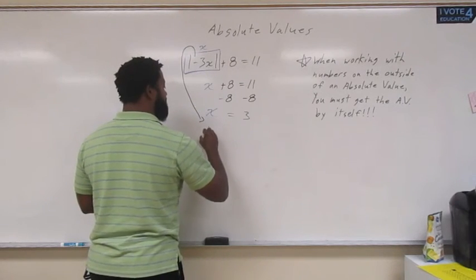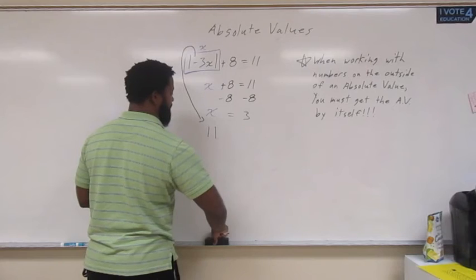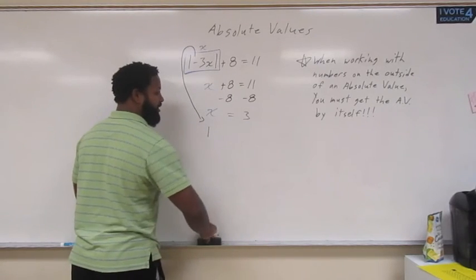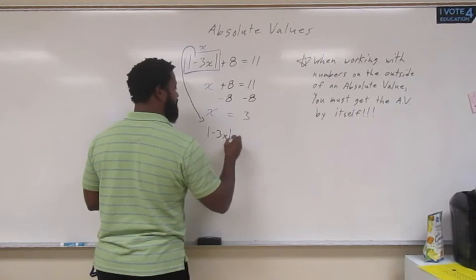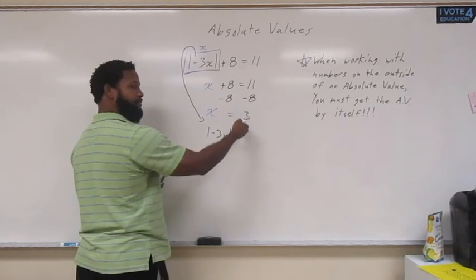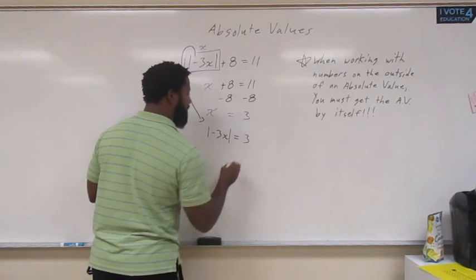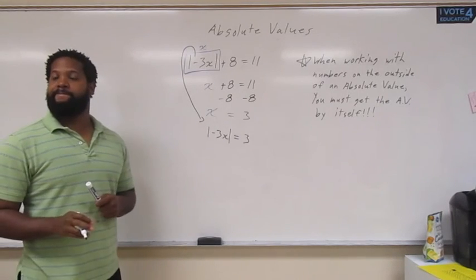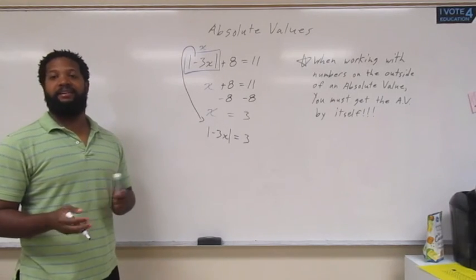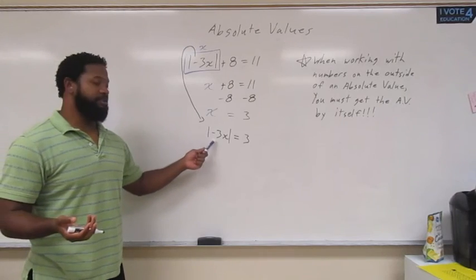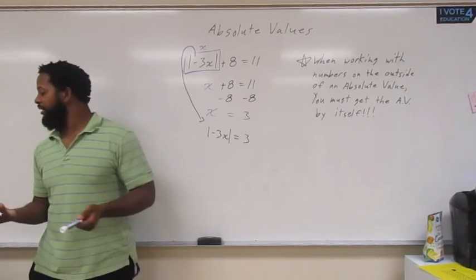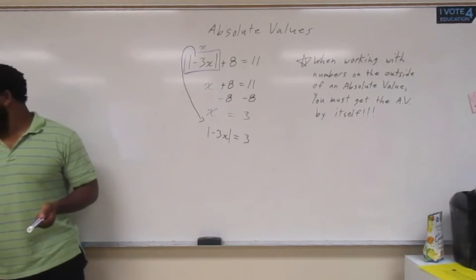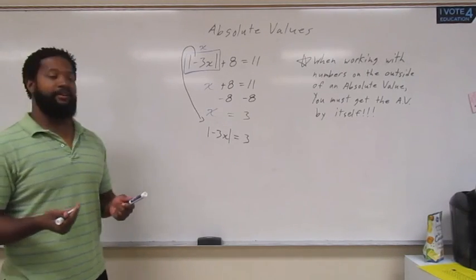So we have the absolute value of negative 3x is equal to 3, okay? My mind is blown. My mind is so blown right now. And now you're able to solve this using the regular method of numbers 5 through 8, okay?